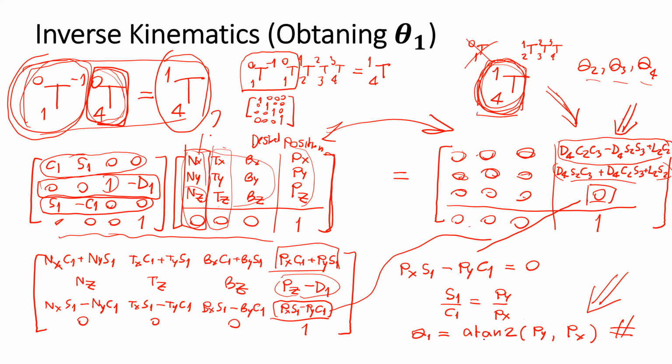Theta 1 is the arctan2 of the desired position Py and Px.